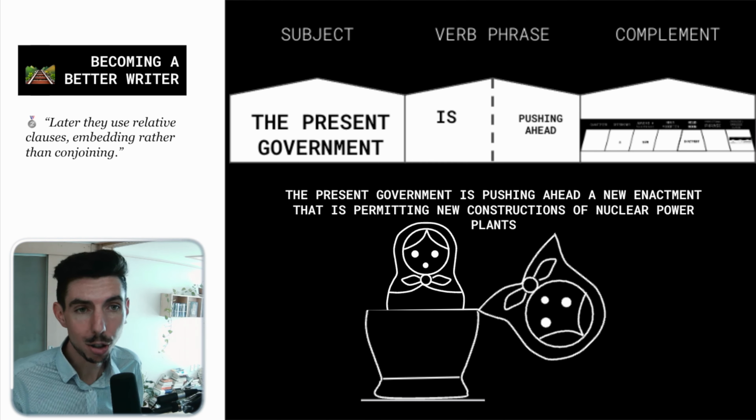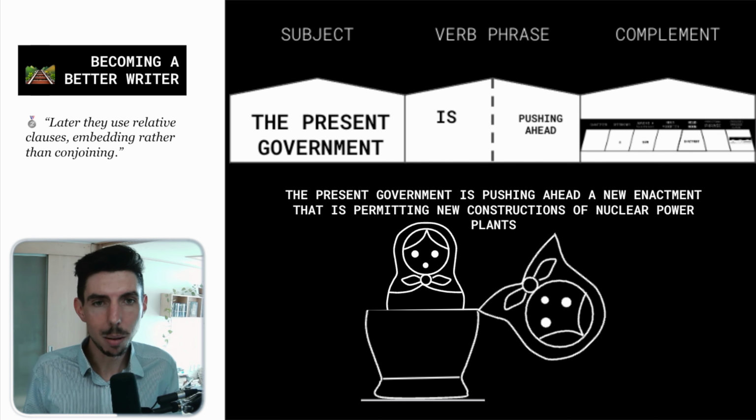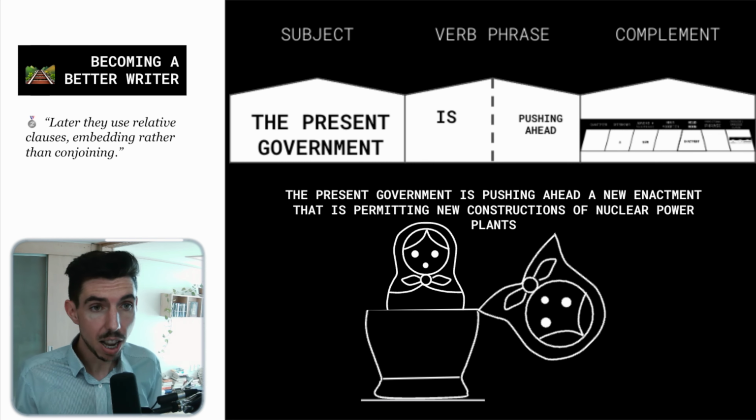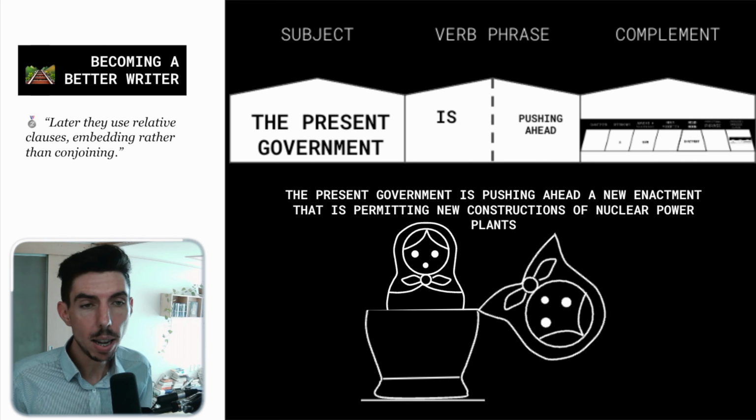These dolls are embedded. The structure of them is identical, but there's one main doll, one matrix doll, and the other ones are embedded. Embedded means, you can think of it as they're put in the same bed together. They are joined together in the same unit. But this is a pretty good example of what Hunt is talking about when he says embedding.